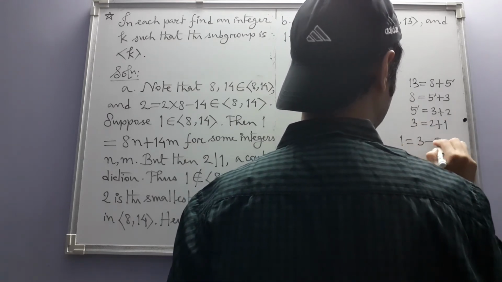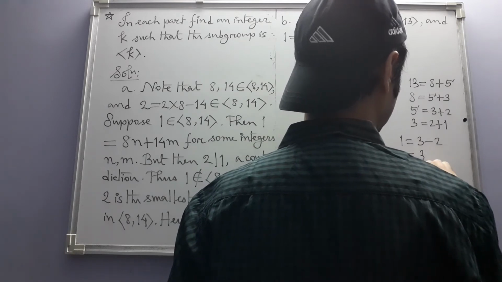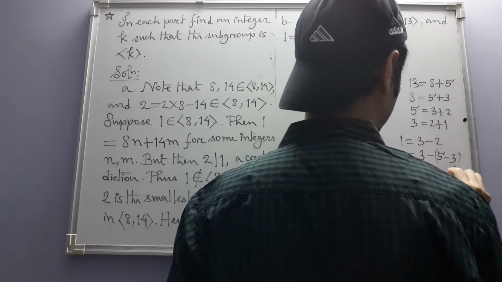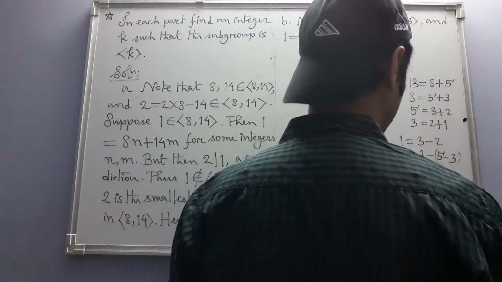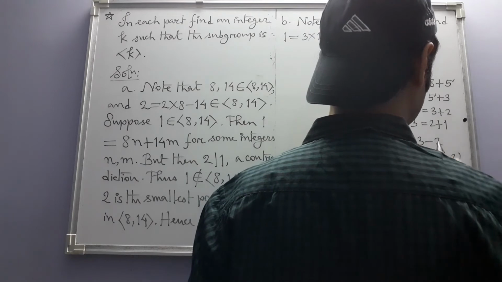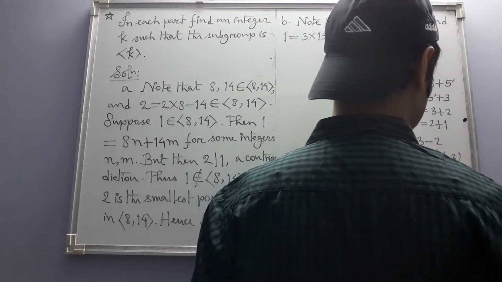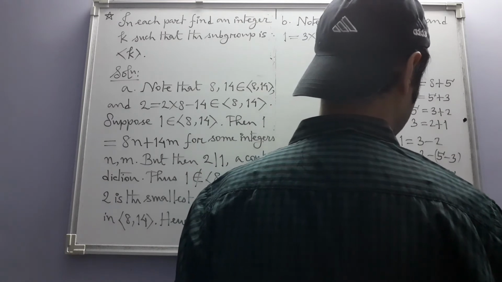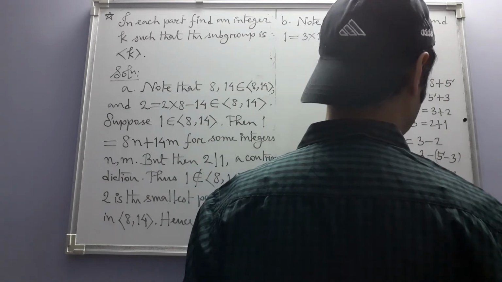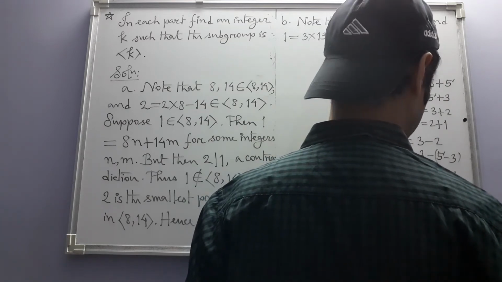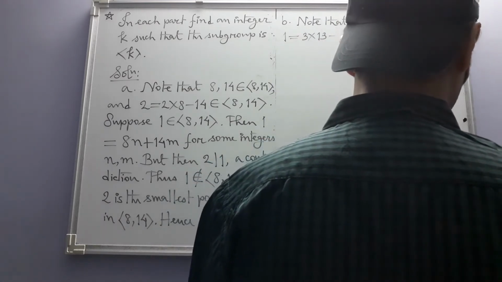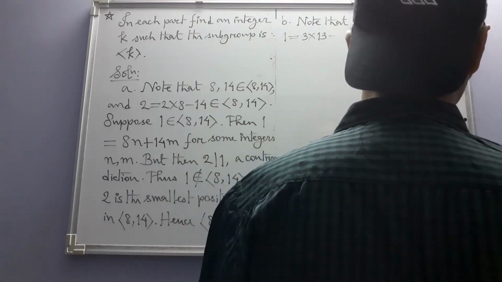So 1 is 3 minus 2, 3 minus 5 minus 3, so 2 into 3 minus 5, then 2 times 3 minus 8 minus 3, 3 times 3 minus 8, minus 13 minus 5. 3 times 3 minus 8.